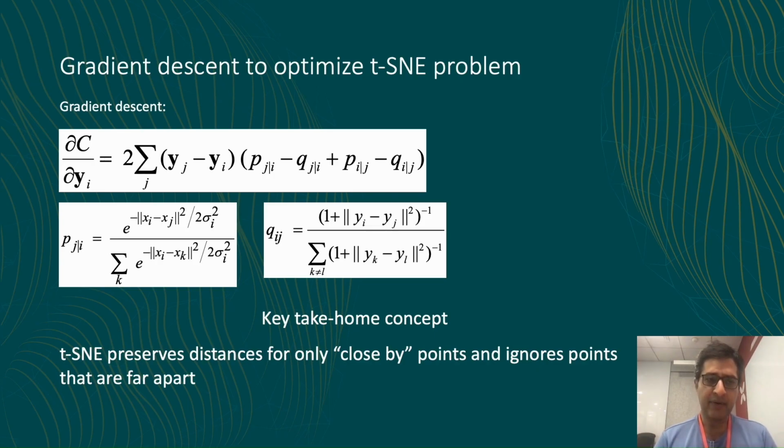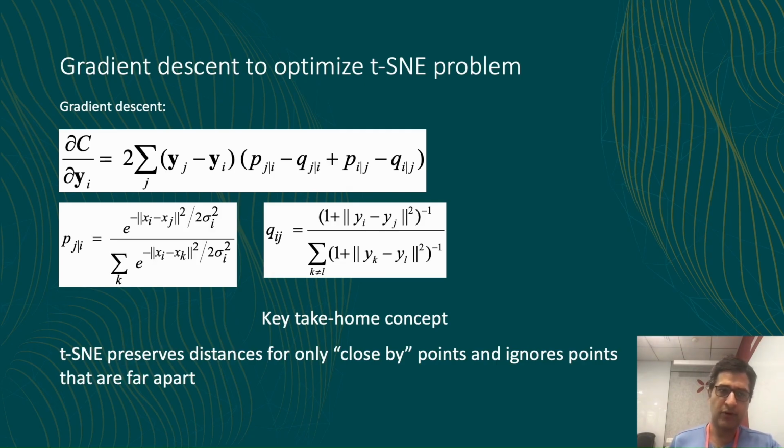In typical t-SNE implementations, this optimization is carried out several times to make sure you find appropriate parameters. But the key take-home concept as far as t-SNE is concerned is that while it allows you to visualize high-dimensional data sets in low-dimensional, two-dimensional spaces, it only preserves distances of points which are close by.